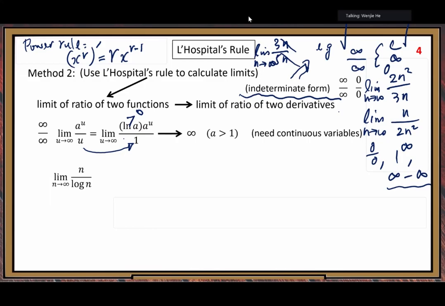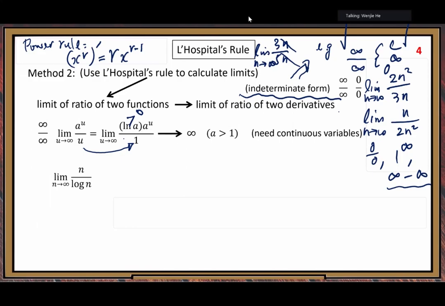So you have to take integer values for n. Those are discrete values, not continuous values. So we call them discrete functions, right? The two functions, they are discrete functions.